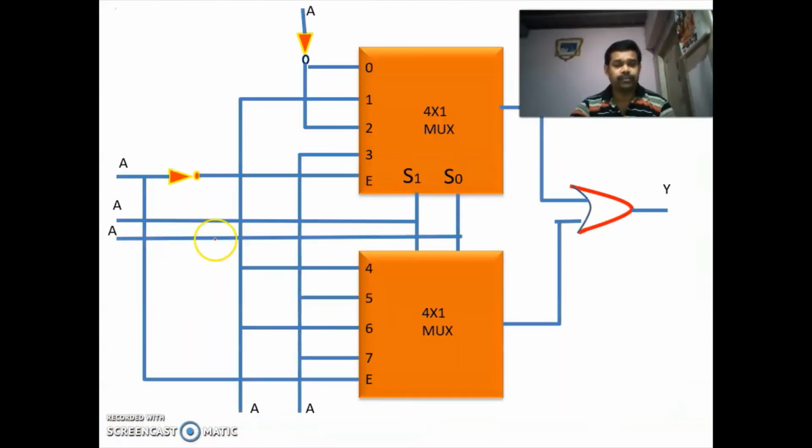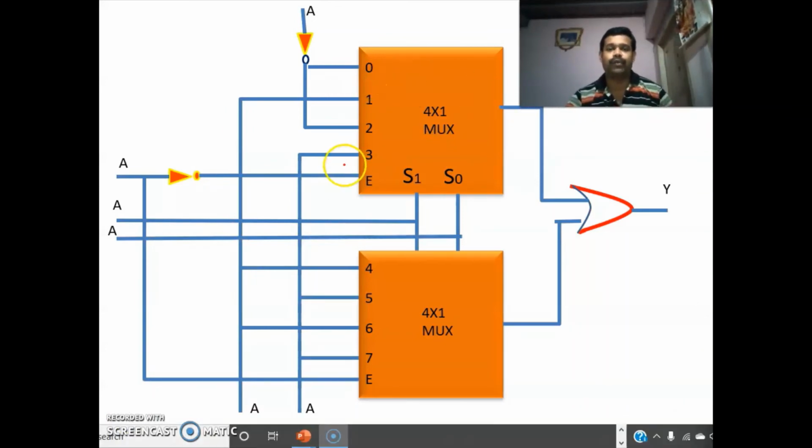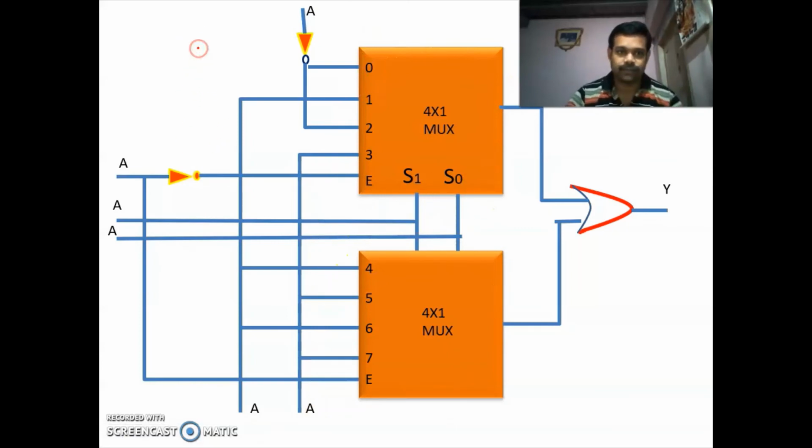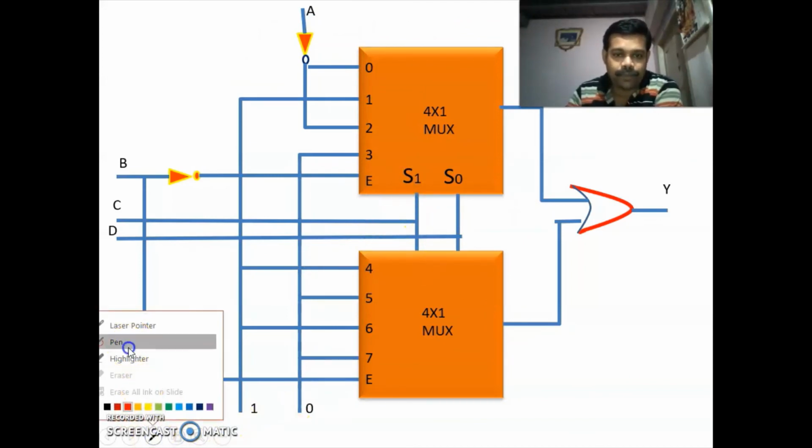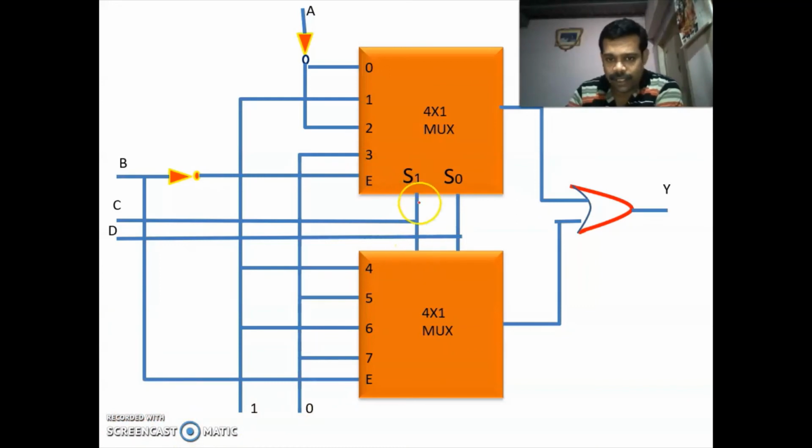Now going for implementation. First we are going to draw two 4:1 multiplexers. Then we have to join the select inputs of both the multiplexers.